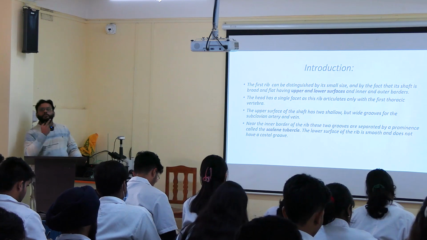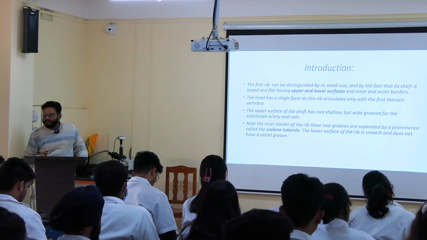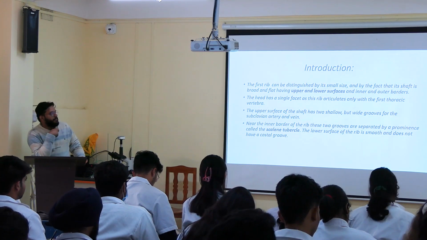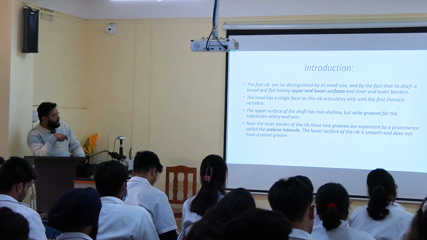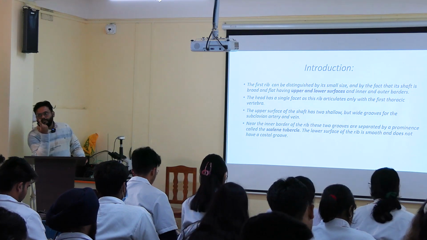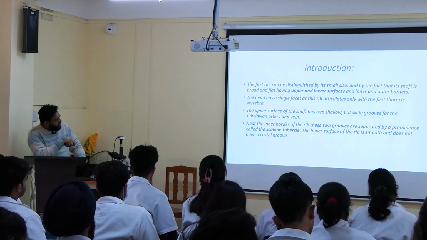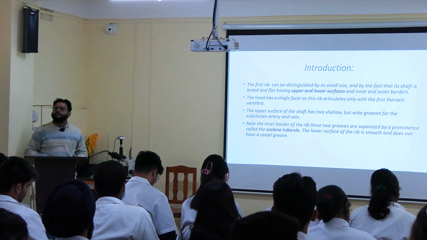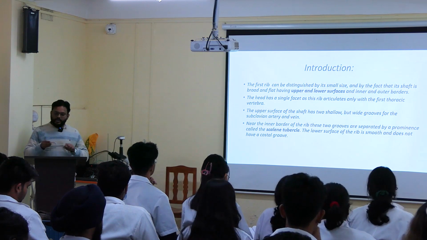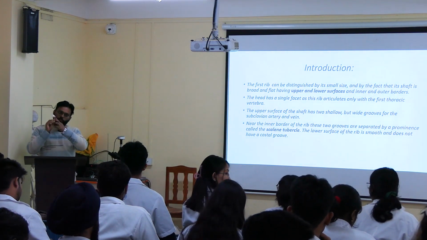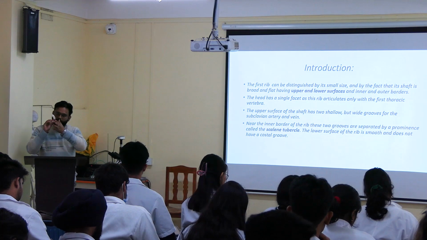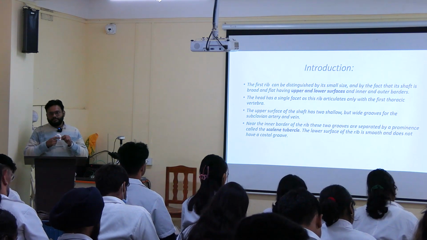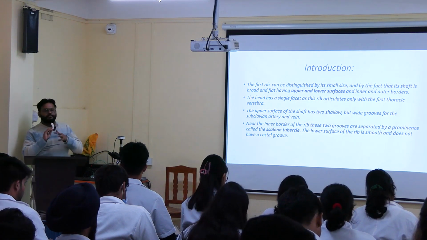In between these two grooves there is a structure known as the tubercle, that is the scalene tubercle. Okay, leave that other point, just write this one. The lower surface of the rib: how to identify the upper and lower surface? The lower surface will be smooth and the upper surface will be rough. The lower surface will be smooth.